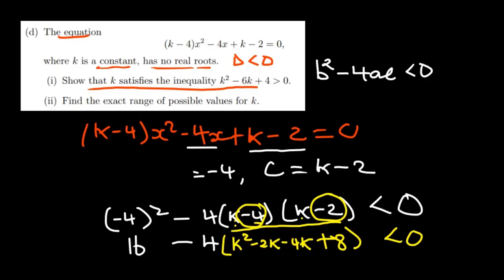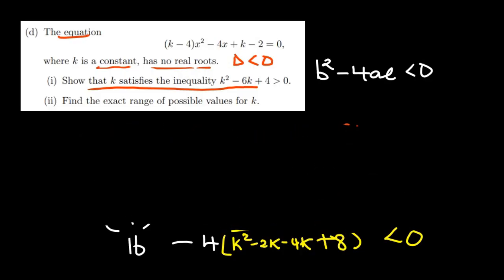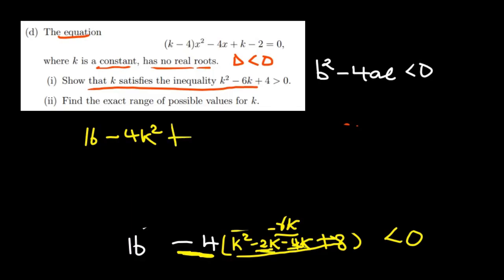So we continue manipulating this equation. We have 16, and now we can multiply the minus 4 with whatever we have inside the bracket. Inside here we have minus 2k minus 4k, so that will be minus 6k. Minus 4 multiplied by k squared will be minus 4k squared, and minus 4 multiplied by minus 6k gives us positive 24k.